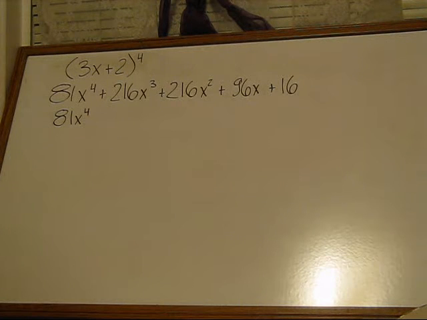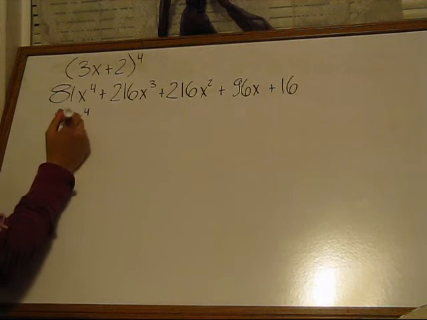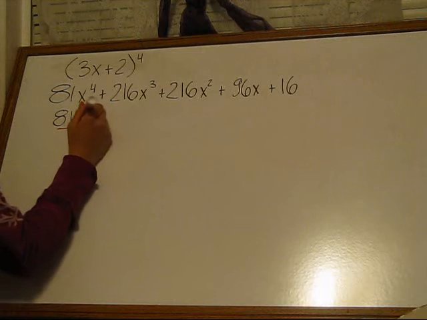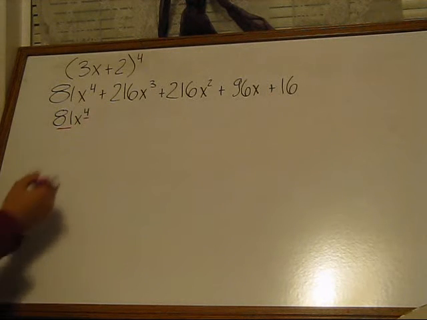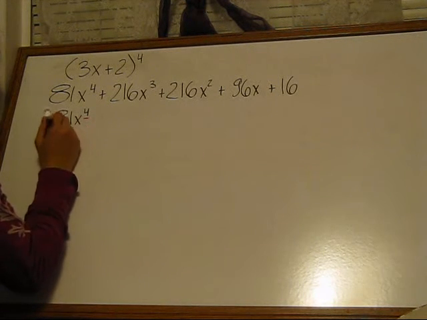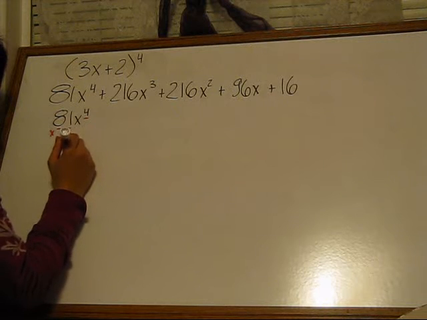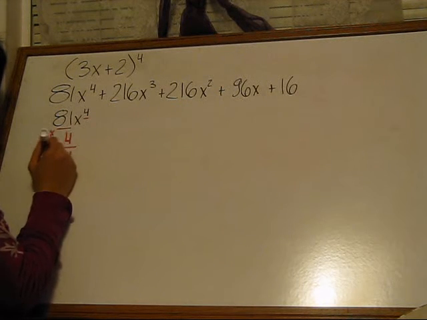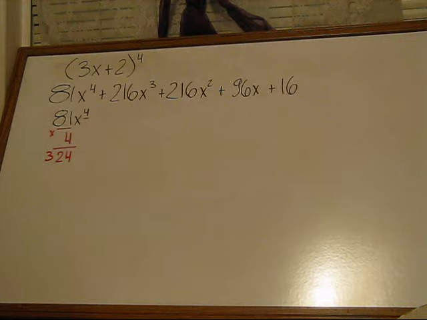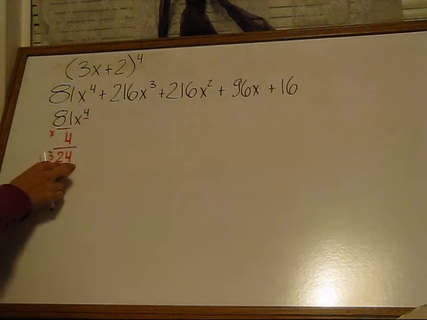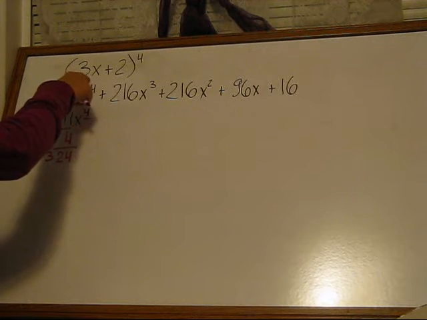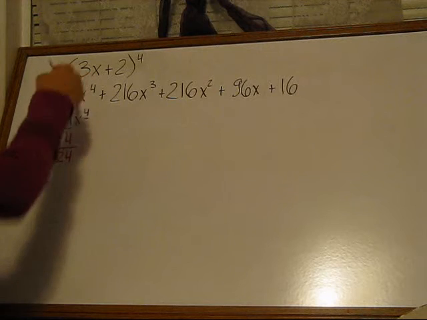Okay. Next, we take this term, 81, and multiply it by its exponent, which is 4. So multiply, that's 324. Next, you take this number, what you got, 324, and divide it by this term, which is 3, or a coefficient.